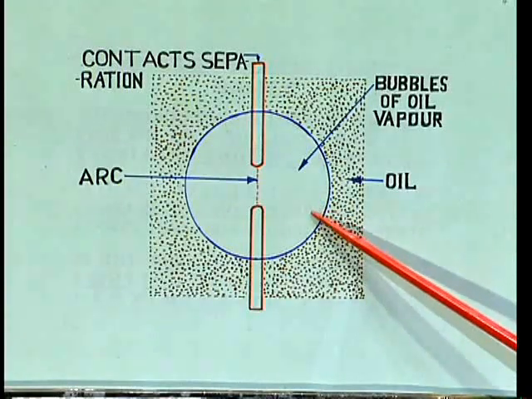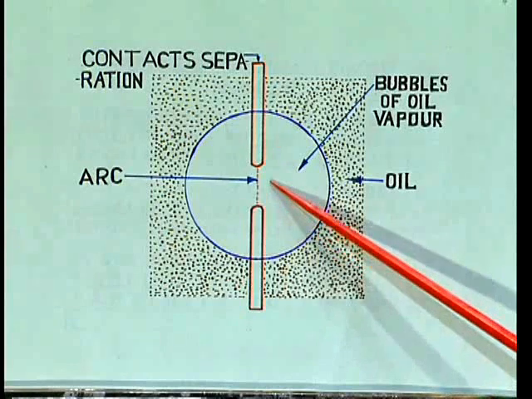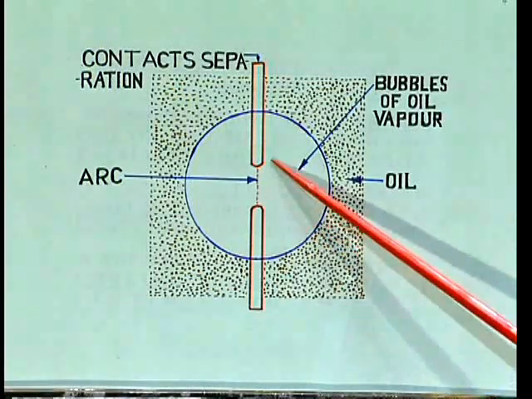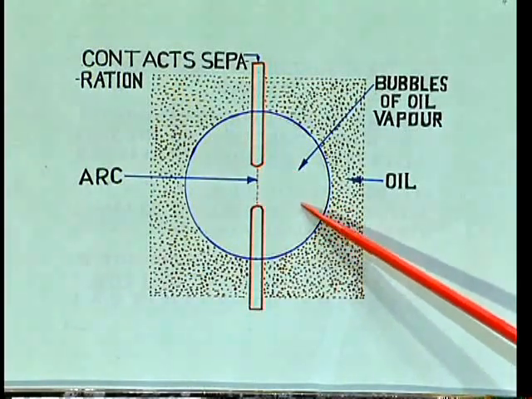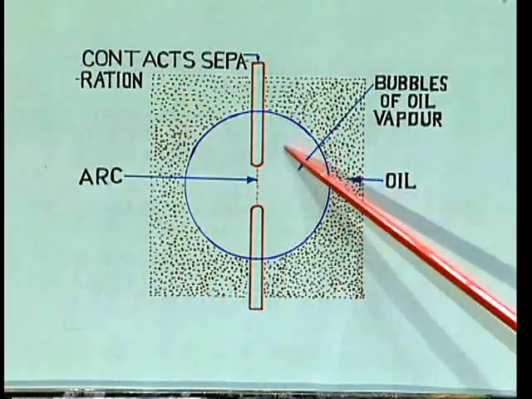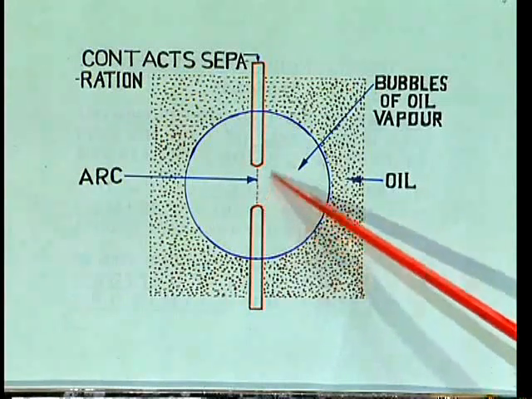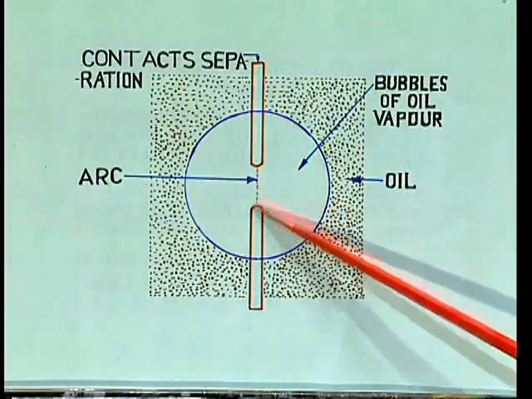Due to this high conductivity, the arc is cooled by the hydrogen gas, and at the same time it builds up the dielectric strength of the medium between the gap. Also the turbulence of the hydrogen gas sets up and the oil is forced into the gap of the two circuit breaker contacts. Therefore, it eliminates the arcing products.